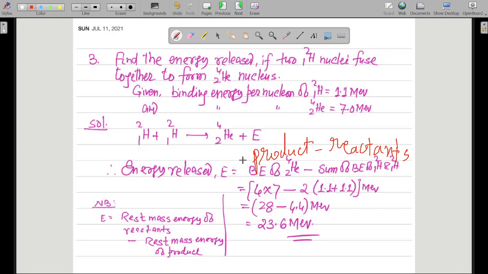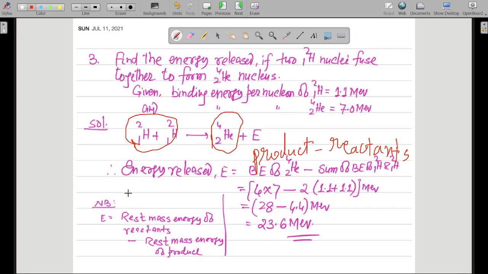So when we consider binding energy, the energy released will be binding energy of product minus sum of binding energy of reactants, whenever we are calculating the energy released in an exothermic fusion process.